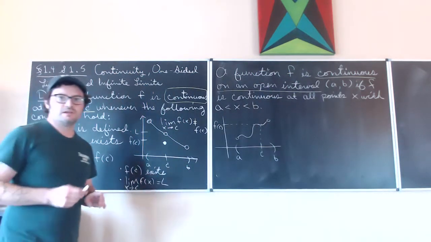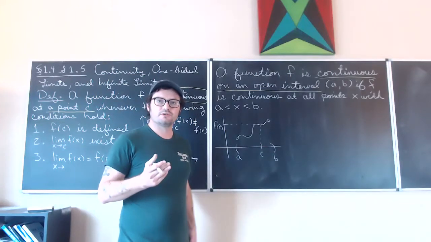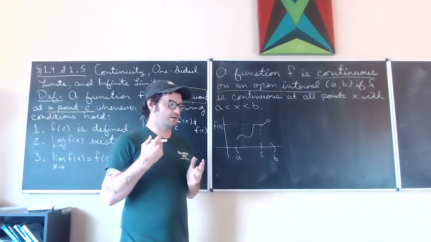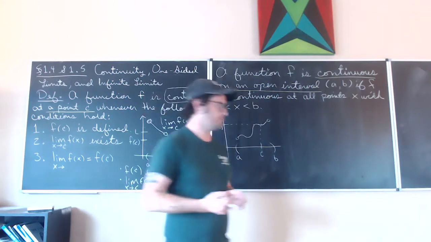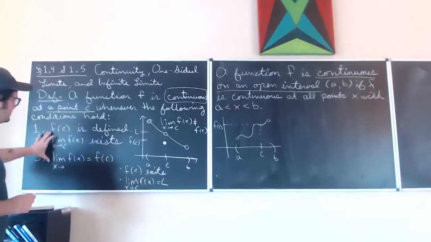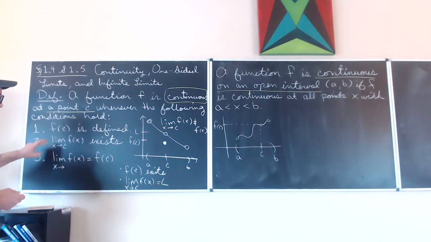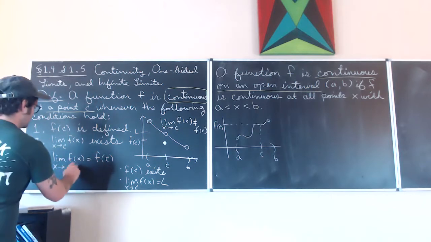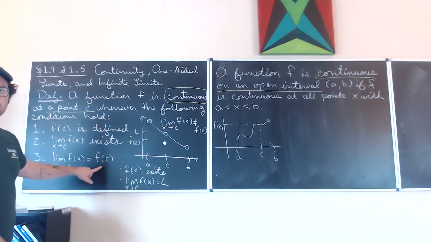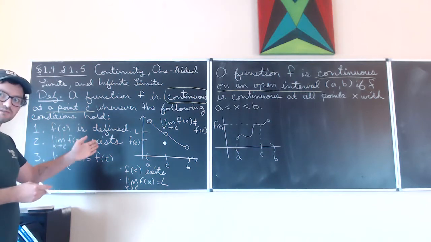So this is how we define continuity on an open interval, with these three properties. Okay. Now, in order to define continuity of a function on a closed interval, we need to introduce two notions. So again, make sure you have these in your notes. f of c is defined, the limit as x goes to c is defined, and the limit as x goes to c matches up with f of c. Okay, that's the definition of continuity at a point.